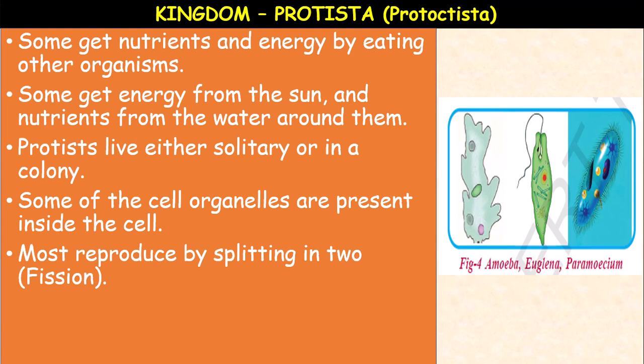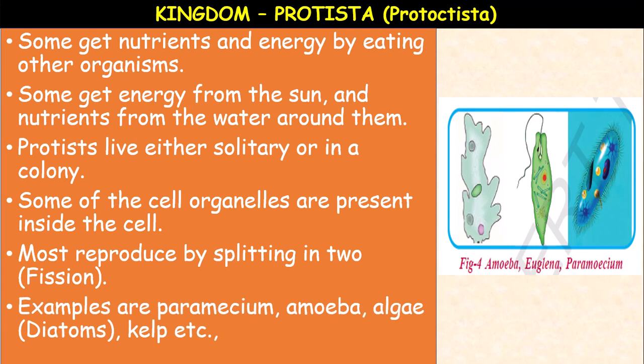Mostly they reproduce by splitting, binary fission. The examples of this kingdom Protista: paramecium, amoeba, some diatoms, that is algae, and the kelp, seaweeds. These are the examples of the kingdom Protista.